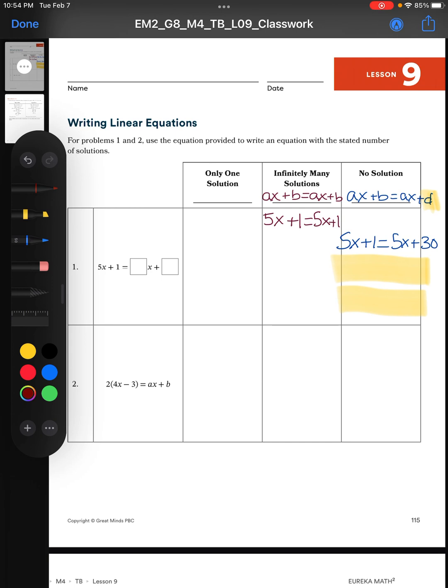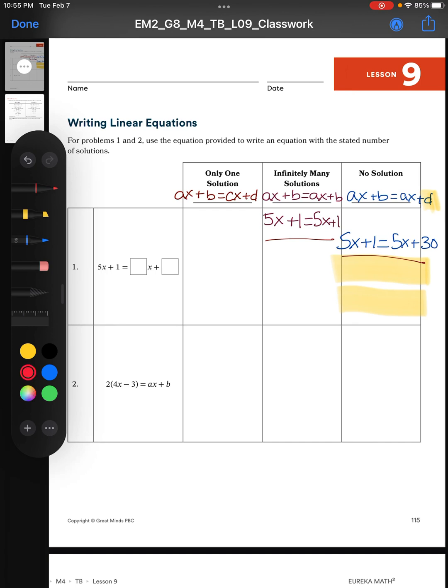Well, obviously, it doesn't look like these equations, and it doesn't look like these equations, so it looks like its very own thing. So in this case, when we have only one solution, we still have our coefficient a with our variable x plus a number b, but that equals a different number with our variable x plus or minus a different number.